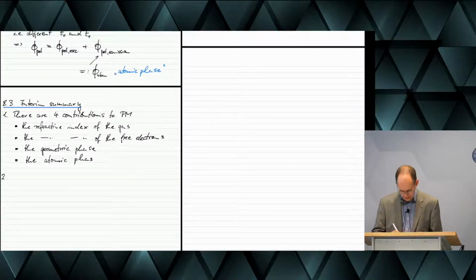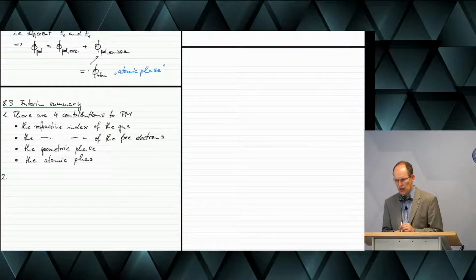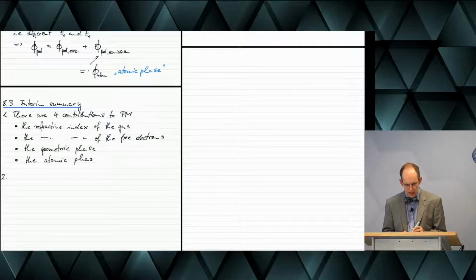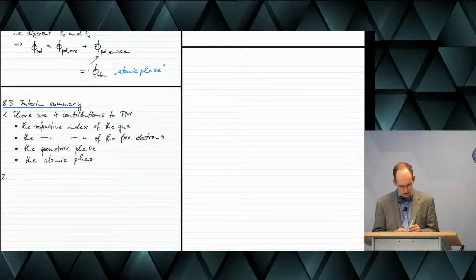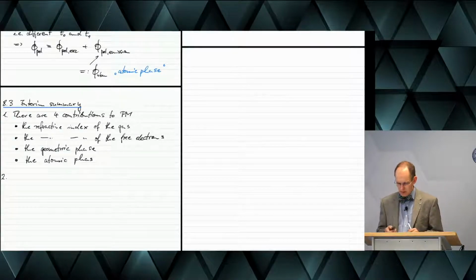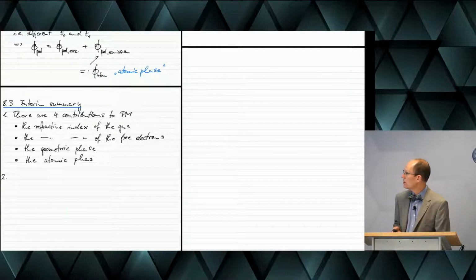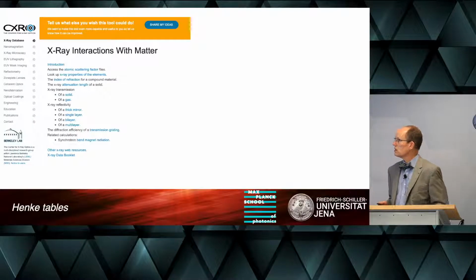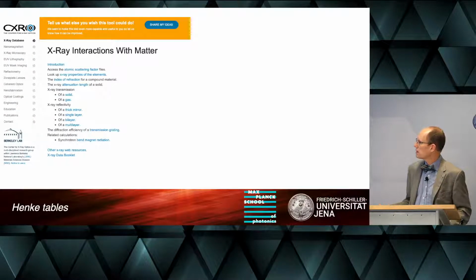And as I said, the first 3 items are trivial in the sense that they are textbook knowledge and can be looked up on the internet. So the refractive index, for example, here I have a resource for you. These are the so-called Henke tables.